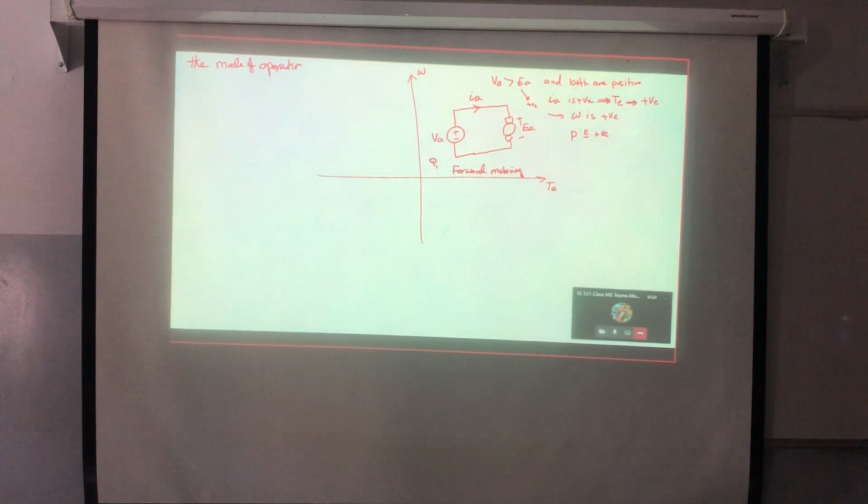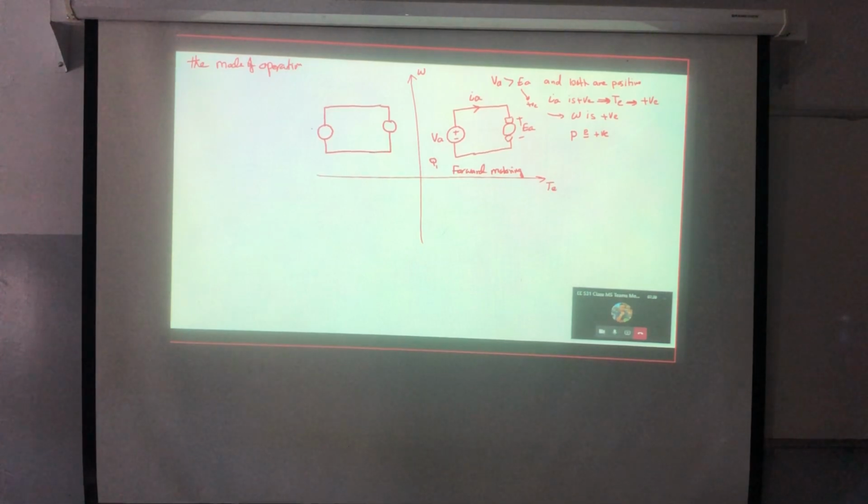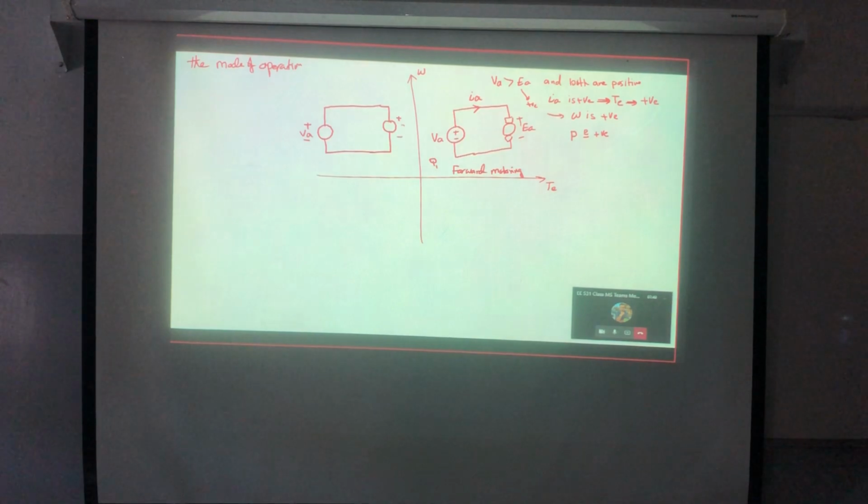Now the same thing. Let's come here, the same configuration. Still I'm having a plus supply and the machine is still rotating in the positive direction. So here I'm having plus minus VA, plus minus EA, except that now EA is greater than VA.